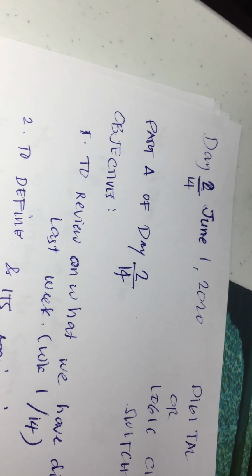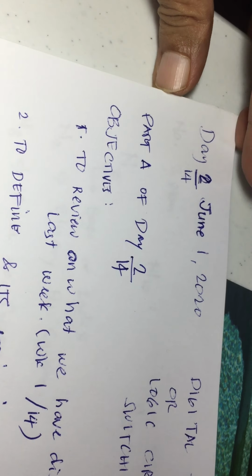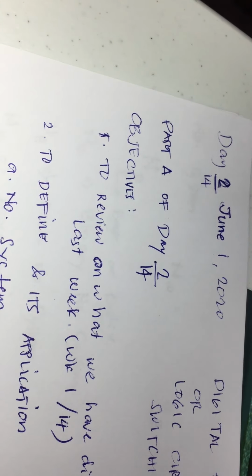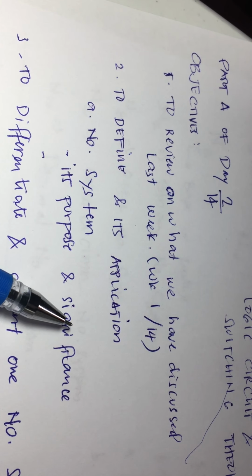Now, there are at least three parts of this today, unless we still have time. But in part A, we have the objectives. We have to review what we discussed last meeting. Last Monday we had the online orientation. We were able to discuss the CHED content of the subject, from binary, from counting to applications.